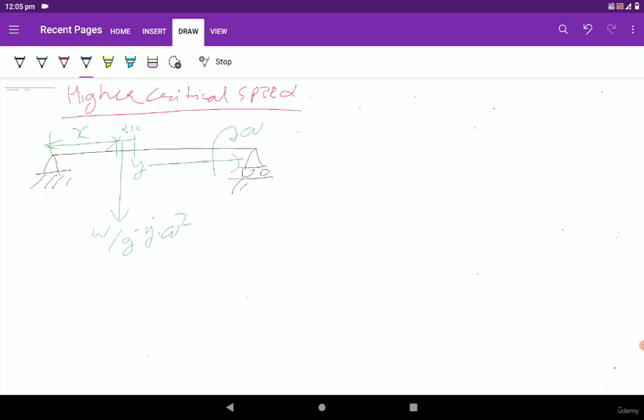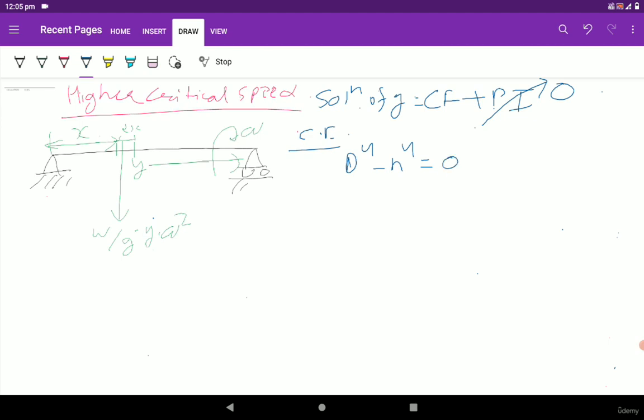The solution of y is equal to complementary function plus particular integral, and for this case the particular integral is 0. So the complementary function is d power 4 minus n power 4 equal to 0. So we can write d power 4 equal to n power 4. So d equal to plus minus n, plus minus i n, these are the solutions.